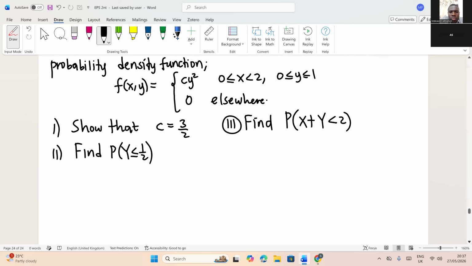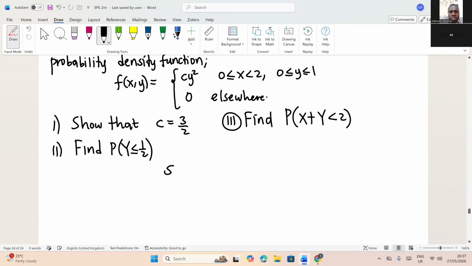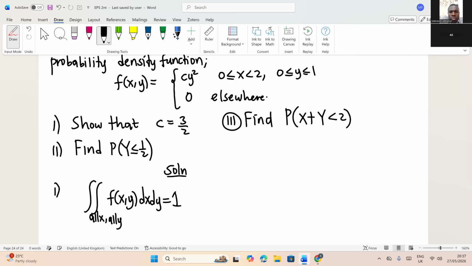That one is very easy. Solution. For Roman 1, we use the property that the integral over all x, all y, of f(x,y) dx dy is 1. Then we substitute.